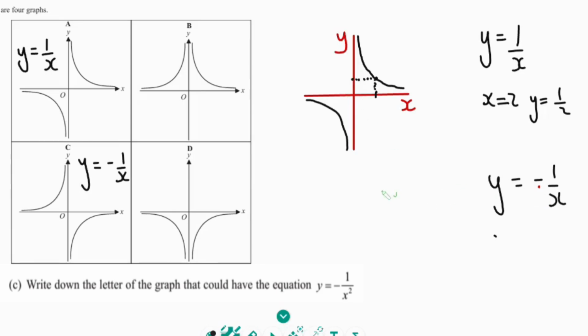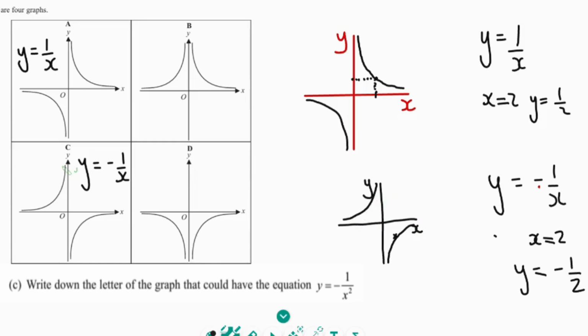Now, if I was going to put that x value into the function y equals minus 1 over x, x is 2 we said, didn't we? Well, y would be minus a half, so x is 2, y is minus a half. Can you see it's flipped in your x-axis? And that would be true of all of your points, which is why you'd have the graph in C.